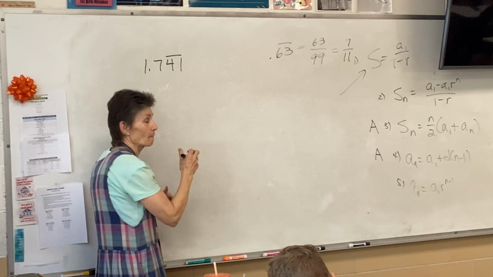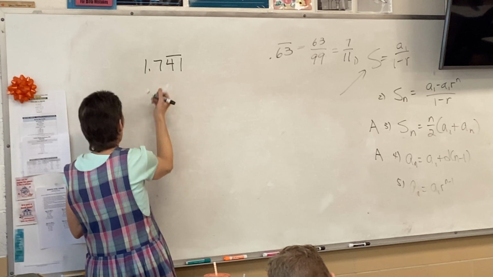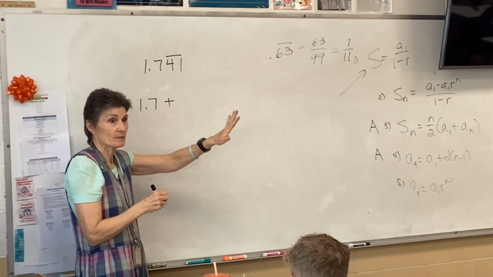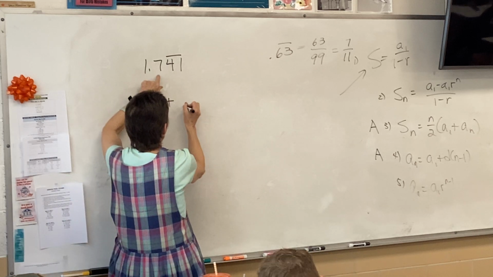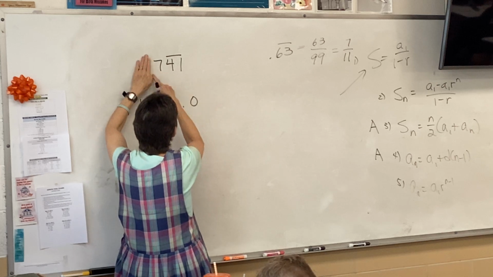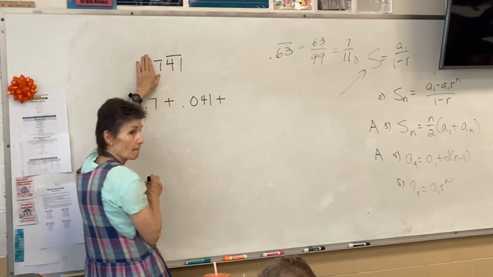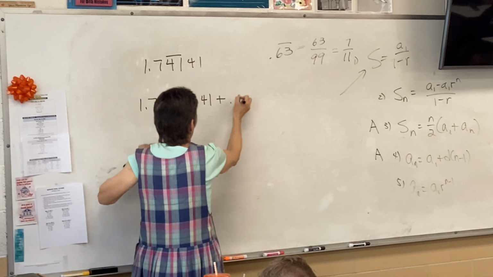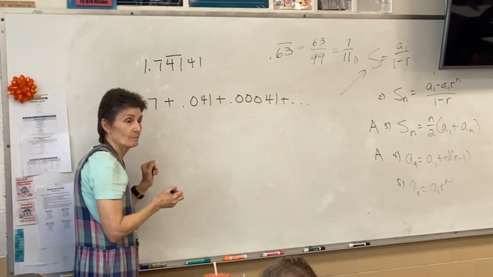What? What's it? 0.3. Well, so the 1.7 isn't part of the repeating part. So it's separate. And then you're right, Jarius. Then we're going to say 0.0, taking this out, so 0.041. And then I would have 0.00041, and so on.